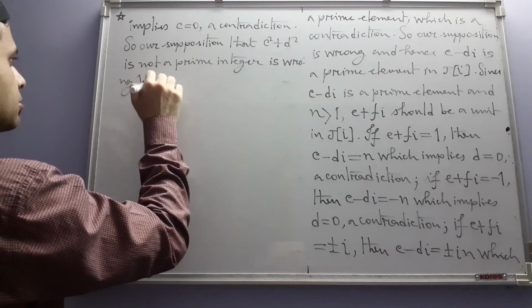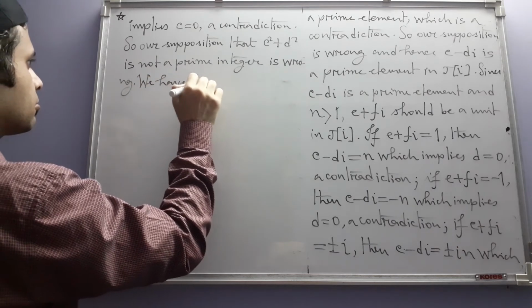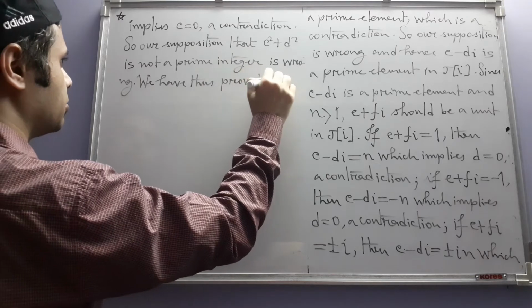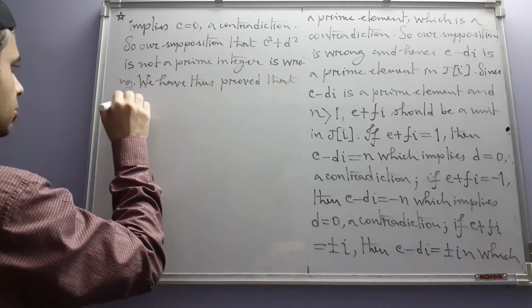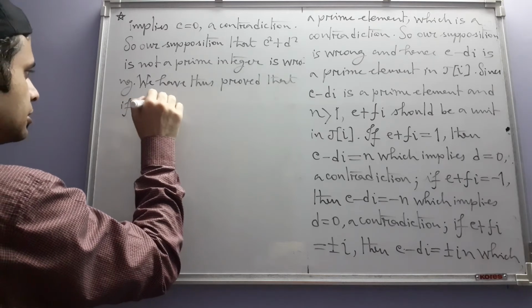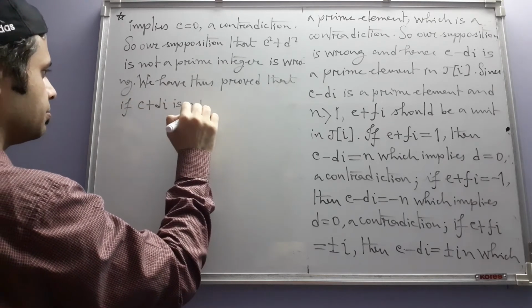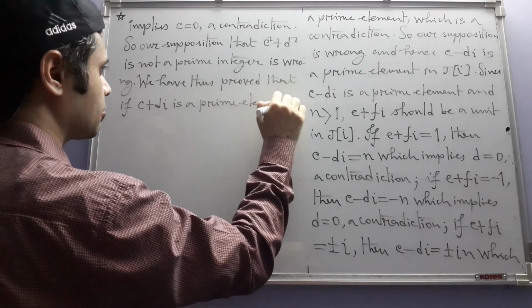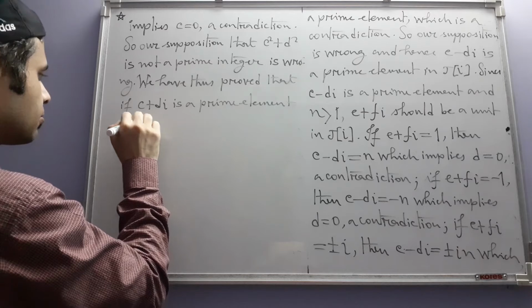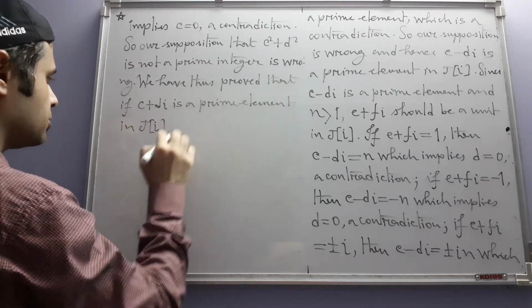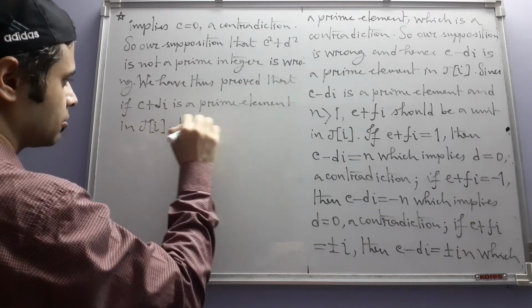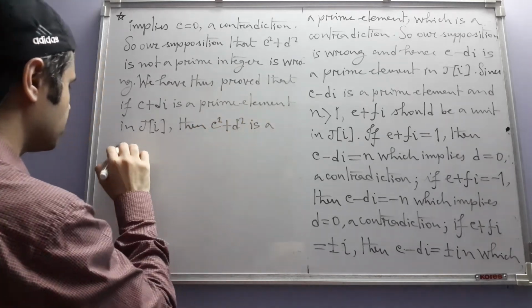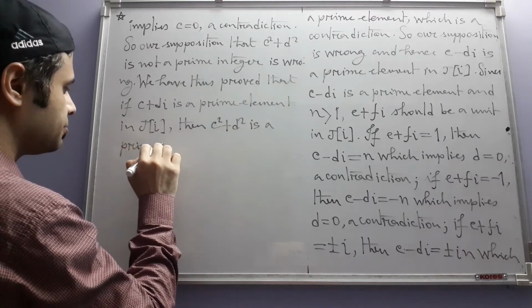We have thus proved that if c plus di is a prime element in Z[i], then c square plus d square is a prime integer.